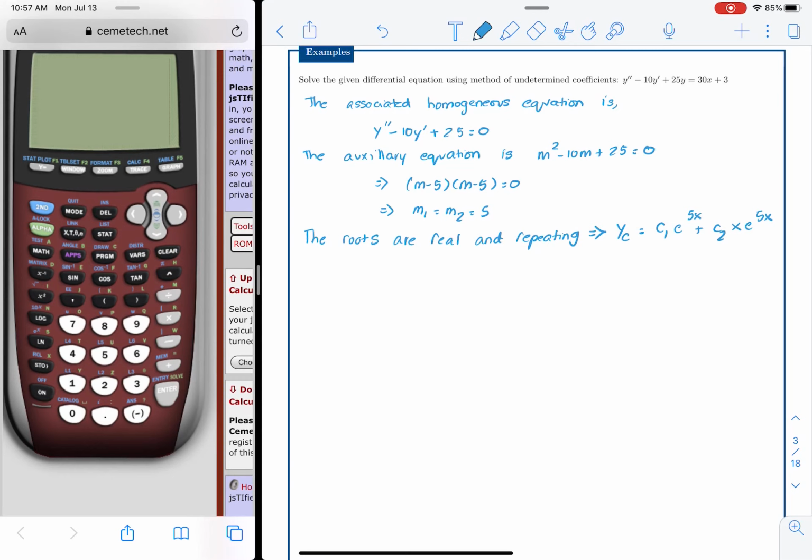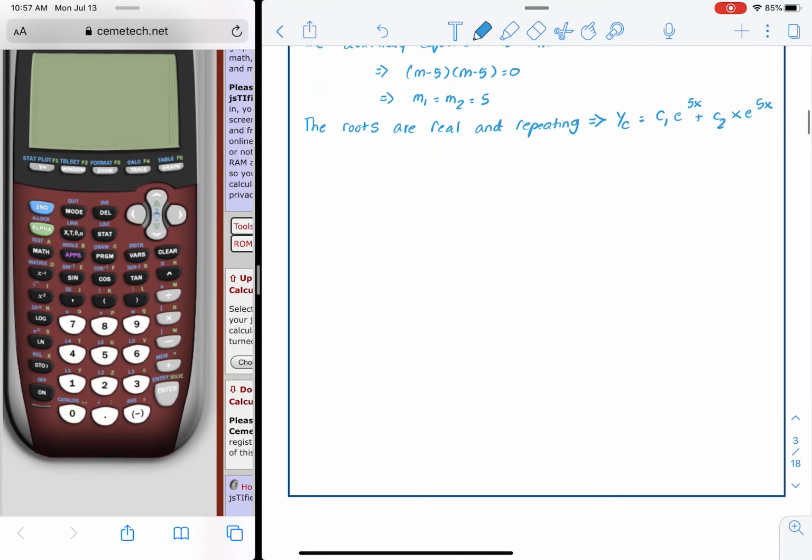The next step is to find the particular solution. So g of x in this case is 30x plus 3.